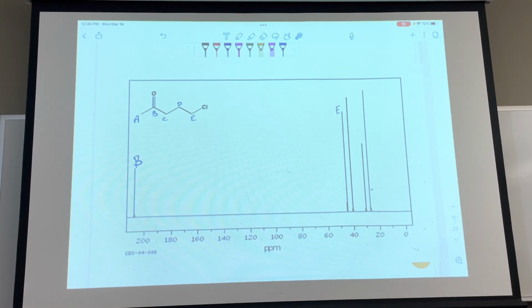Letter E is directly bonded to something that's deshielding. All right, so once we've done that one, then A and C would be the next most, and I guess the CH2 is going to be more deshielded than a CH3, so it would make sense for this one to be C, and this one to be A. And then the most upfield signal is going to be the one farthest from all the deshielding stuff, namely letter D. Any questions on that one?